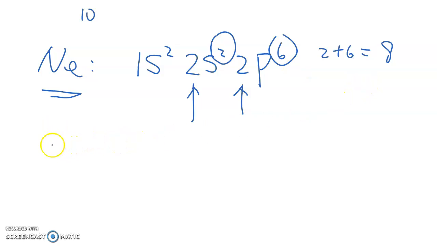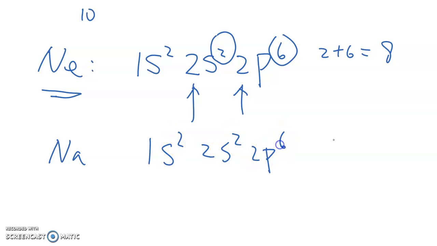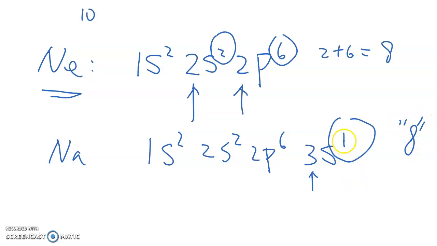Let's look at another one. Let's look at sodium. Sodium has 11 electrons, Na. It will be 1s2, 2s2, 2p6. Now we have 3s1 because we have an additional electron. How many valence electrons do we have? Let's see. For valence electrons, we look for the highest principal energy level, and it has 1. So we know that it's not very happy, because number 8 is the happy number, and now it has just 1.